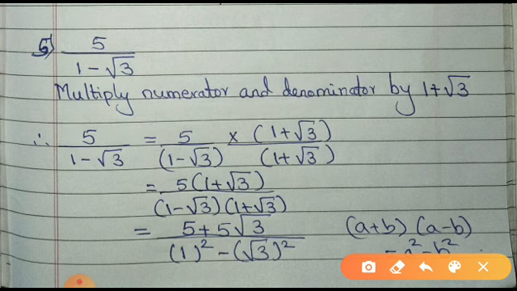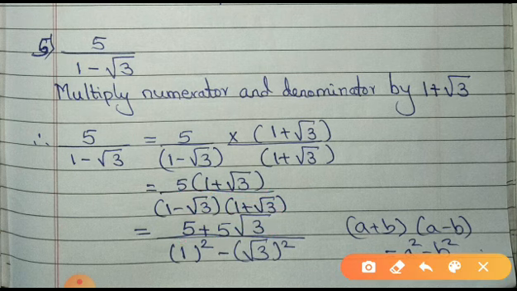Clear? So this 5 into 1 plus root 3, multiply this 5 inside the bracket. So I'll be getting 5 into 1, that is equal to 5, and 5 into root 3, that is equal to 5 root 3. Okay, and here I'm using a square minus b square.